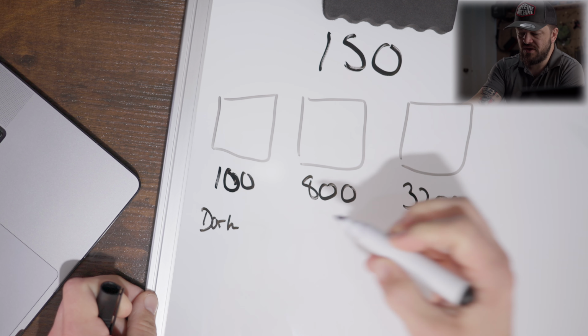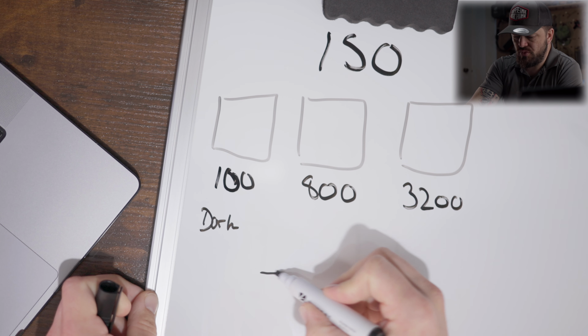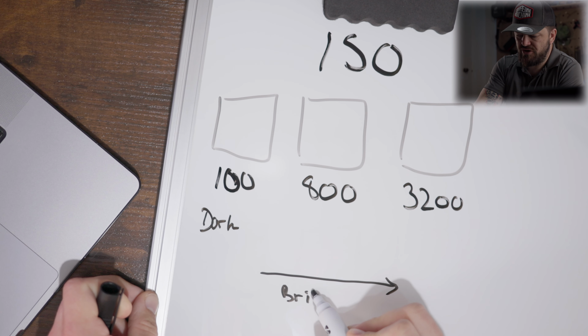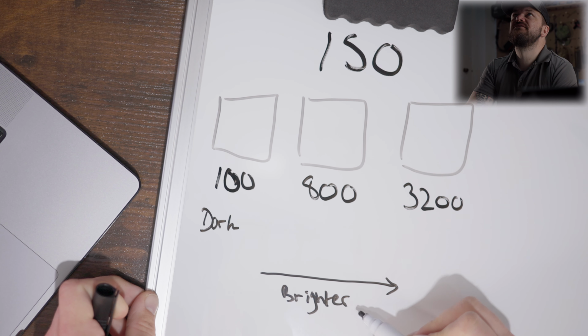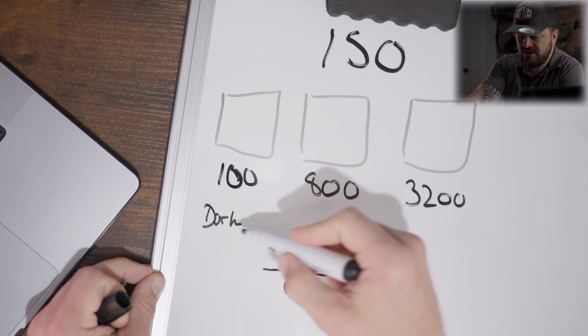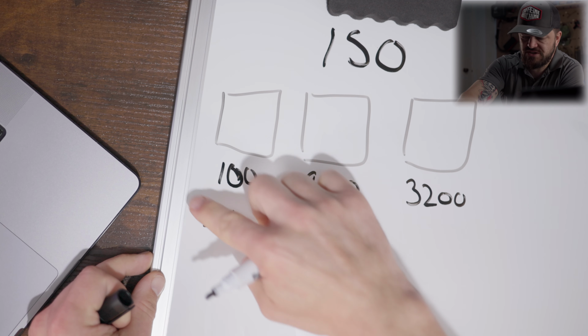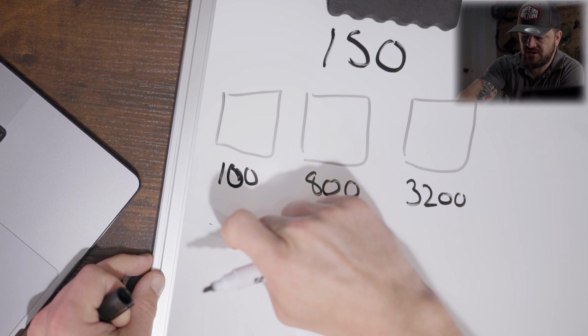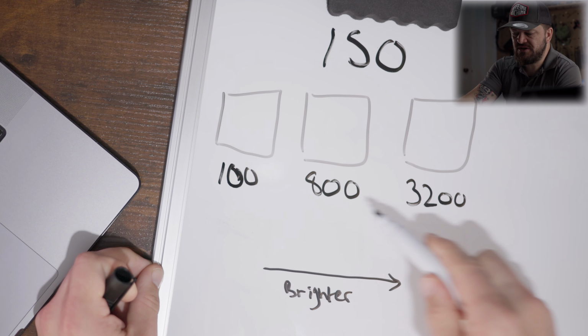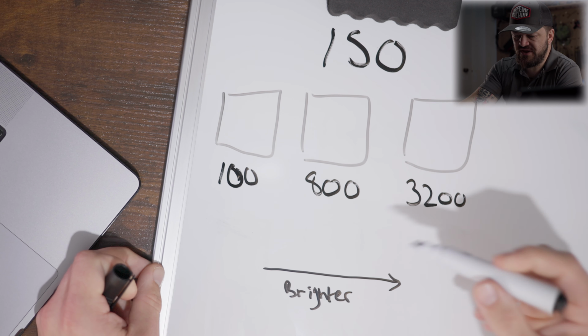When you go along here, it goes brighter. Excuse my 4-year-old style writing. So darker, this goes brighter. Let's get rid of that, because that's not necessarily going to be dark, but it gets brighter as you go along. This could be balanced, and this could be overexposed, but that's neither here nor there.